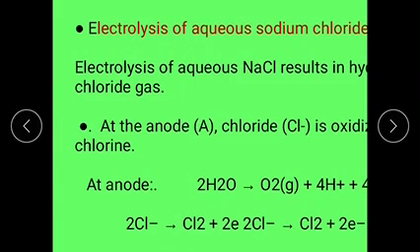At the anode, Cl- ions are oxidized to chlorine. At the same time, H2O molecules give oxygen plus hydrogen ions, and the Cl- ions give Cl2 gas.